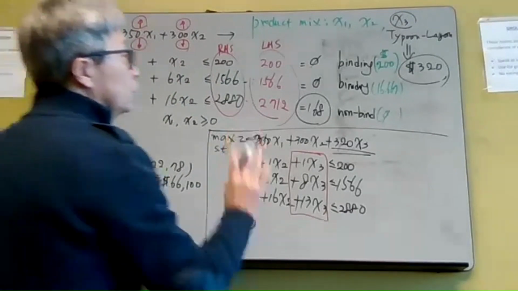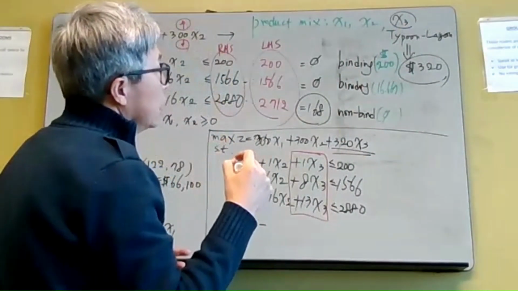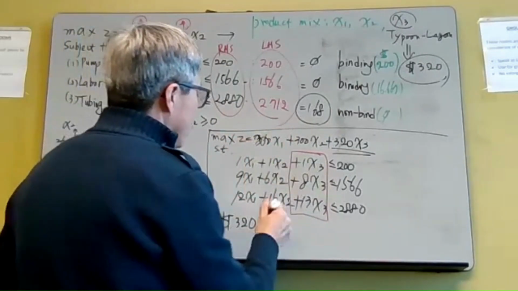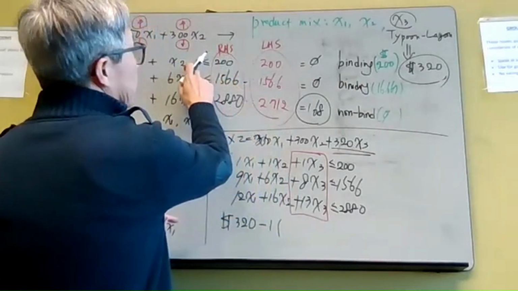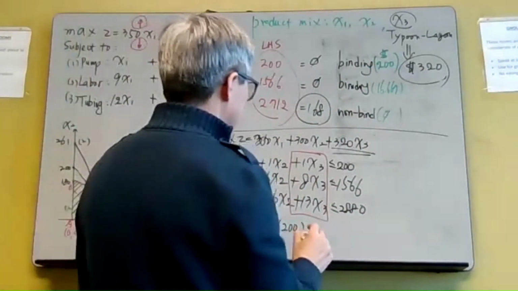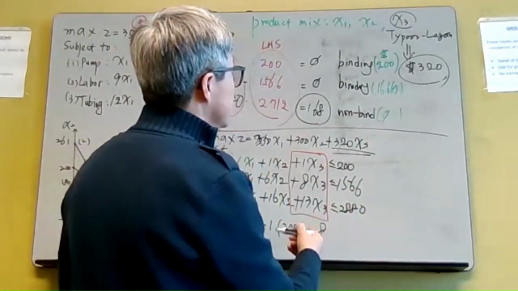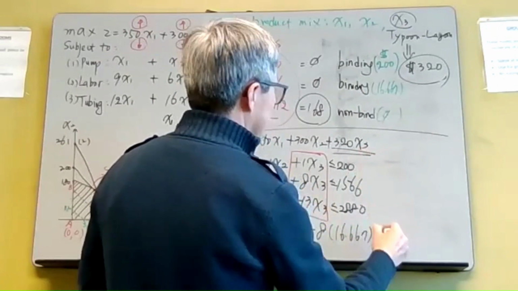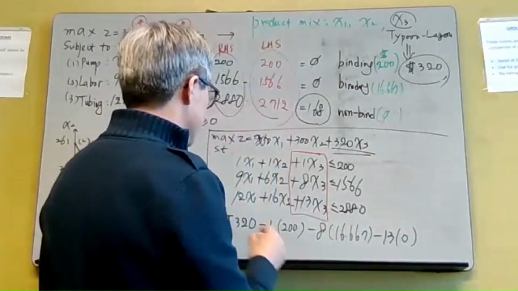Then to produce Typhoon Lagoon, our extra cost will be, no, not extra cost. So our shadow price, that can be cost, will be 1 times 200 if you add 1 extra pump. Then, if you add extra 8 labor hours, the shadow price is 6.667. And then, if you add 13 feet of tubing, the shadow price is 0.